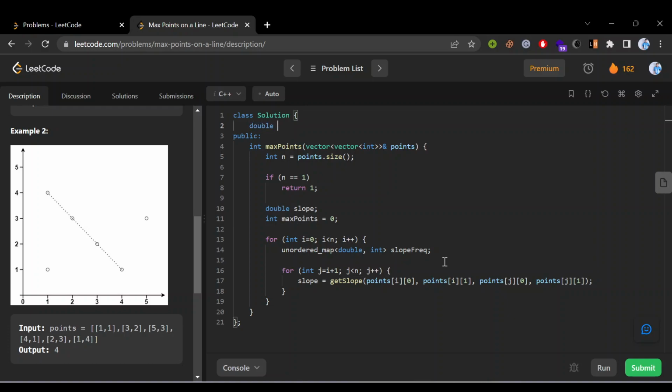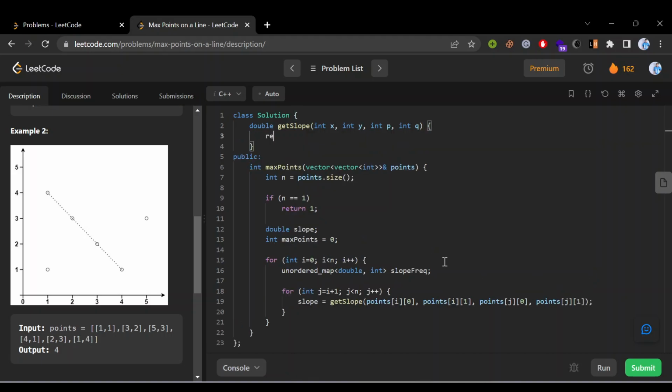So it's a double data type function, get slope, and it has an x value, a y value, a p value, and a q value. Then I will be returning double of y.